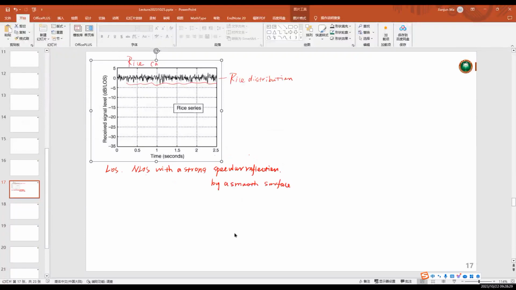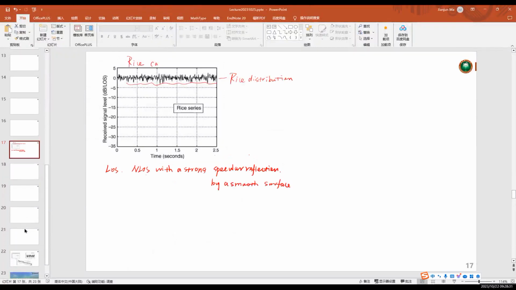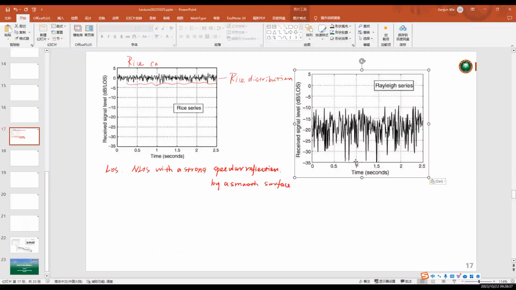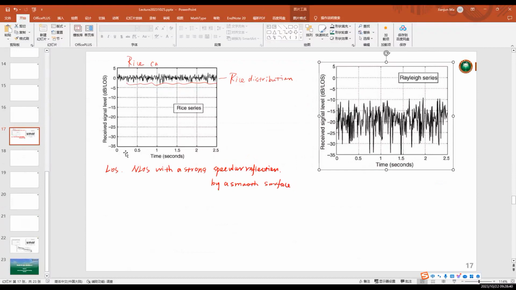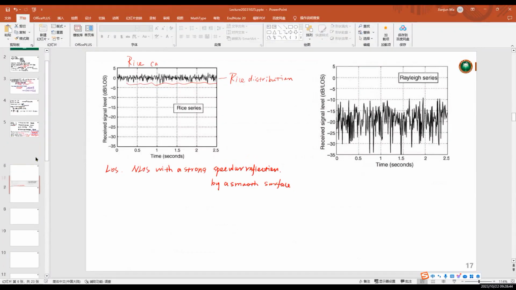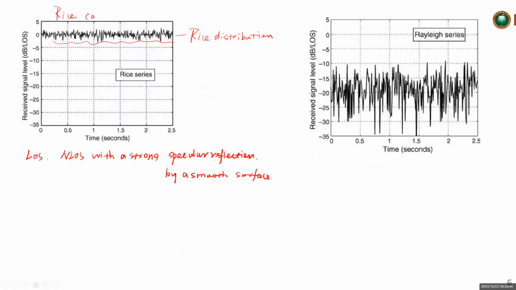The received signal can be represented by this one. So then it varies like this one.